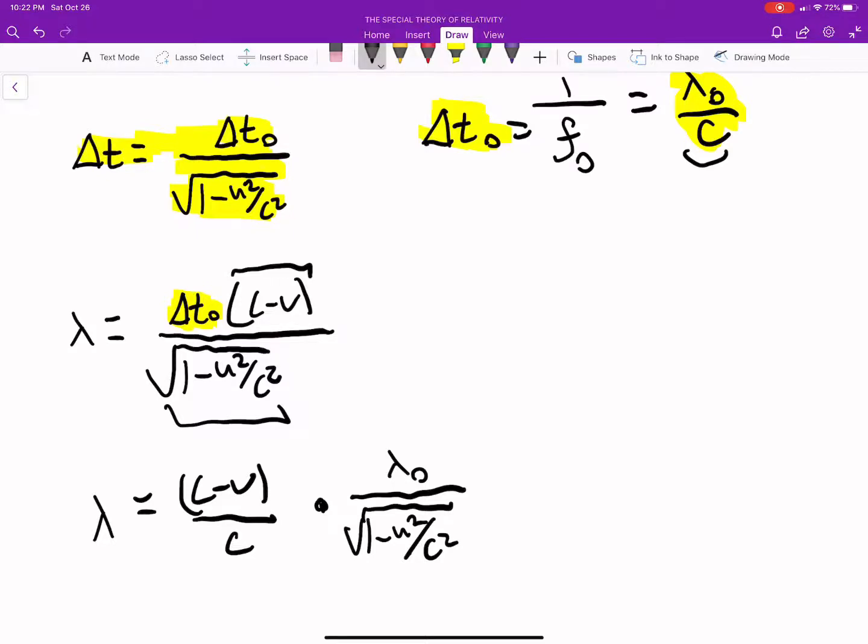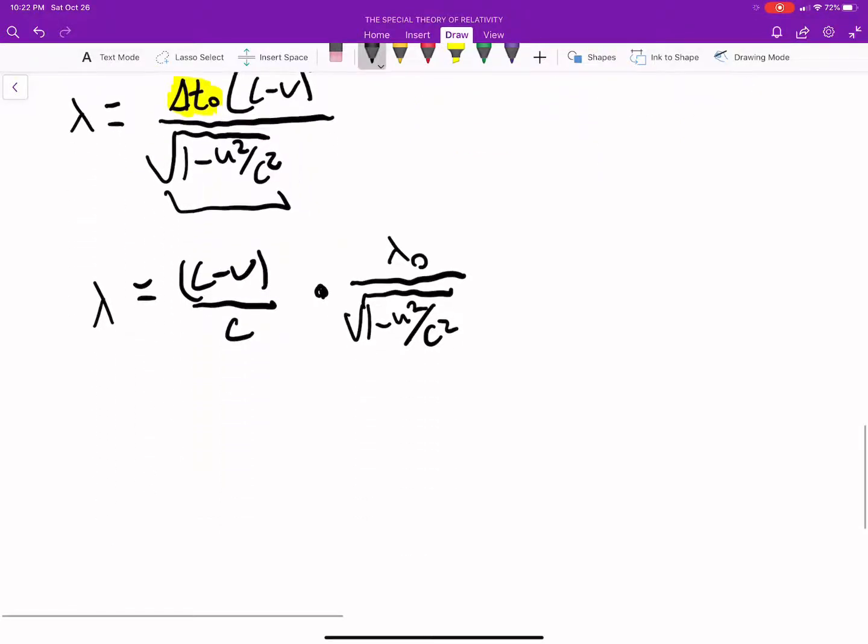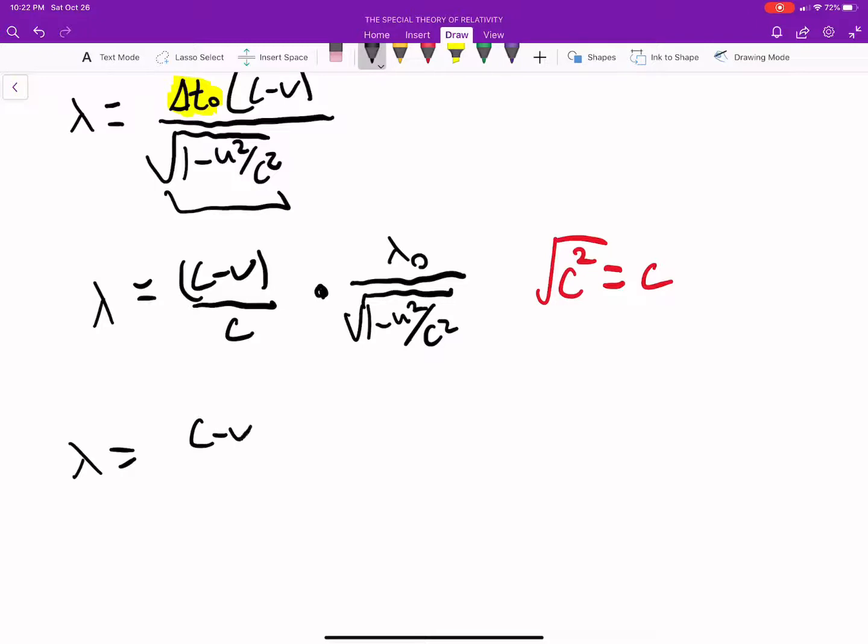We're solving for the wavelength, and then we can relate the wavelength to the frequency to get our equation. Now, quick little algebra. Let's make a note that the square root of c squared is just c. So then I can say lambda is equal to c minus v times lambda naught all over the square root of c squared times 1 minus u squared over c squared.